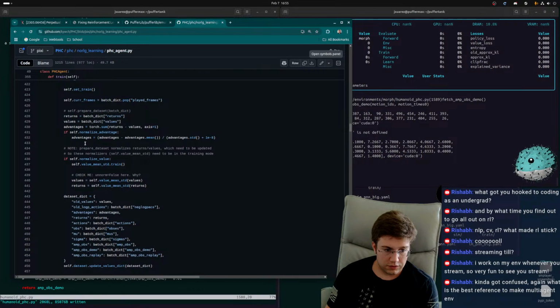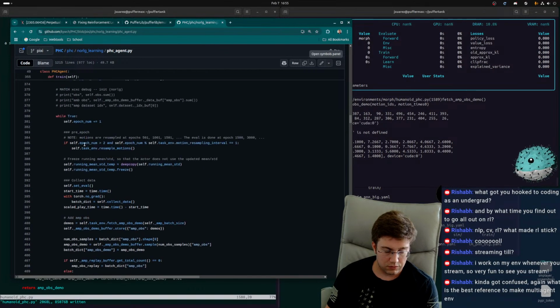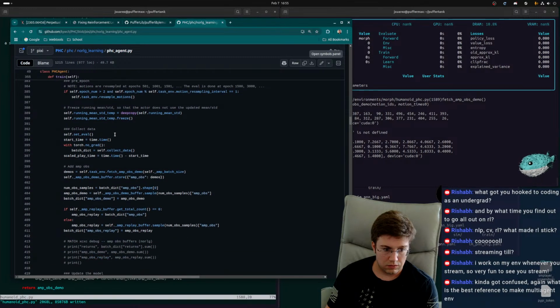It looks like they're not sampling trajectories. It looks like they're just sampling pairs. Crazy.